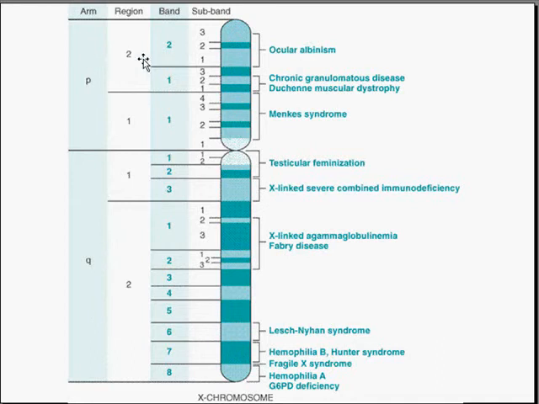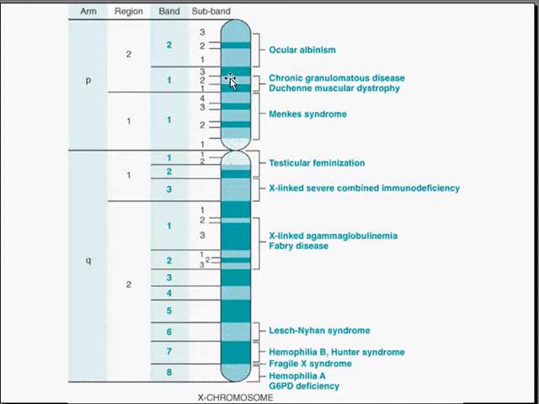In your P arm, there are a couple of regions, usually a relatively small number. But each region has another couple, two or three parts, called bands, and then bands have sub-bands. So you could label almost every part of a chromosome, saying P, 2, 1, 3, and you're really narrowing down to a very small part.